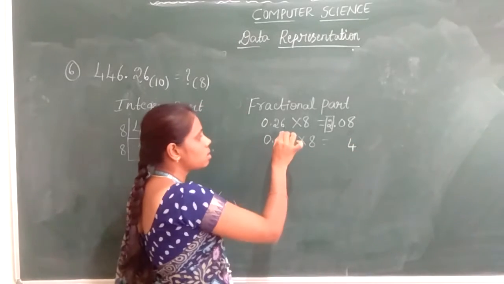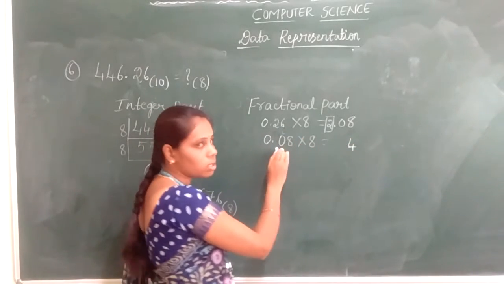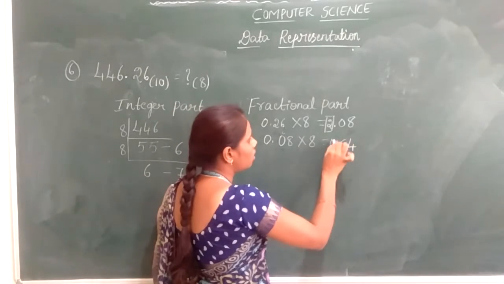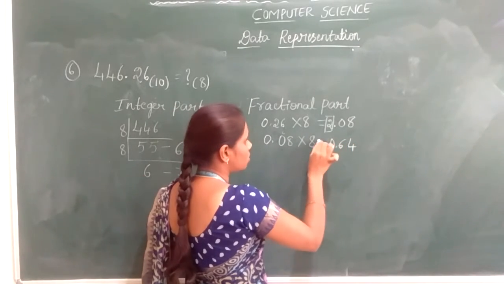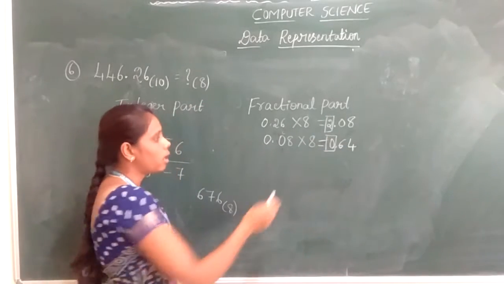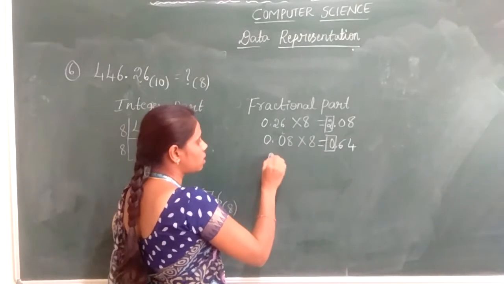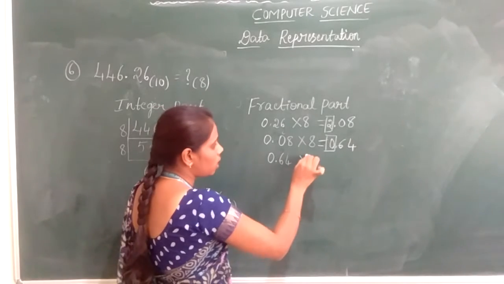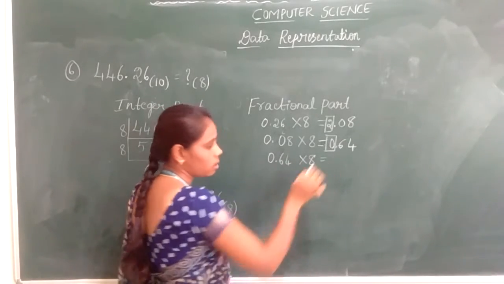The carry is 6. 8 into 0 is 0. You will get 6 and 0.